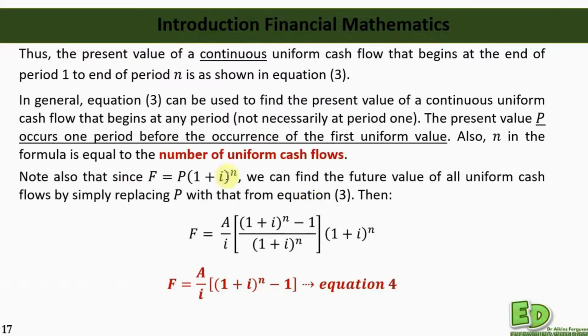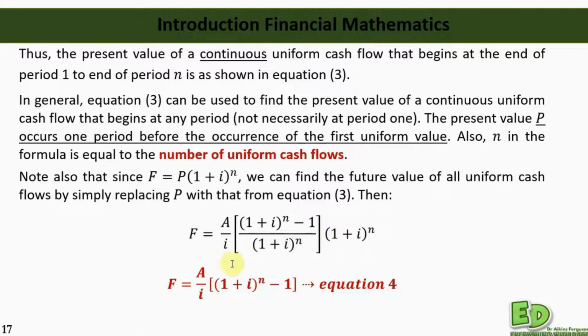So using this formula of the future value of a single sum, we represent this P with the formula from equation 3. You can see that the denominator here, 1 plus I raised to the power n, will cancel this.